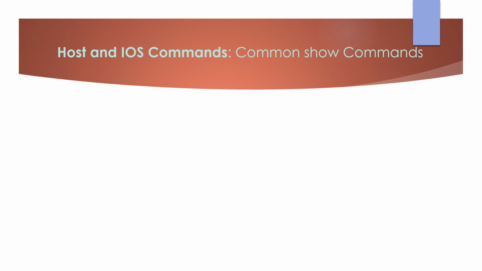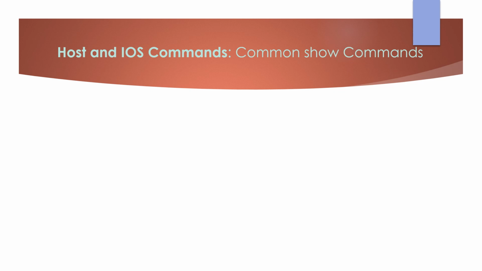Network technicians use the show command extensively for viewing configuration files, checking the status of device interfaces and processes, and verifying the device operational status. The status of nearly every process or function of the router can be displayed by using this command.